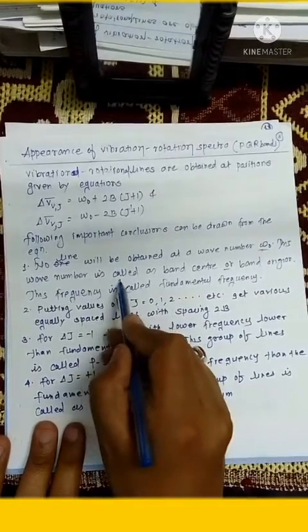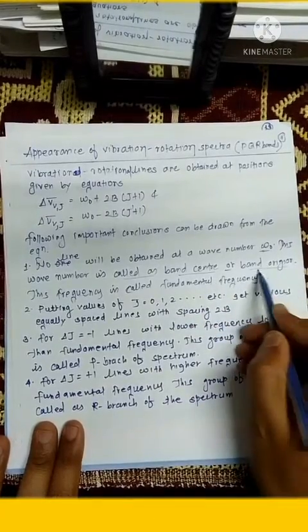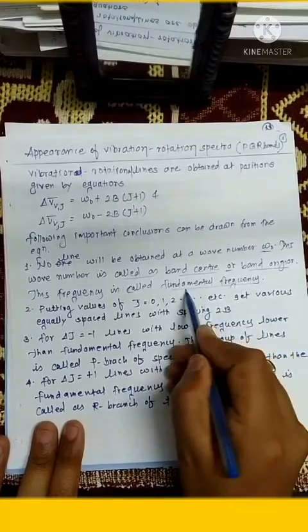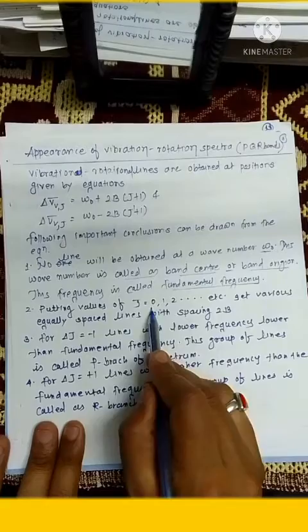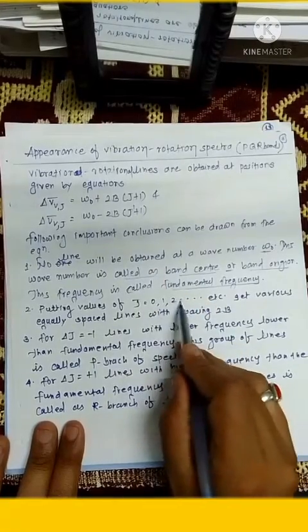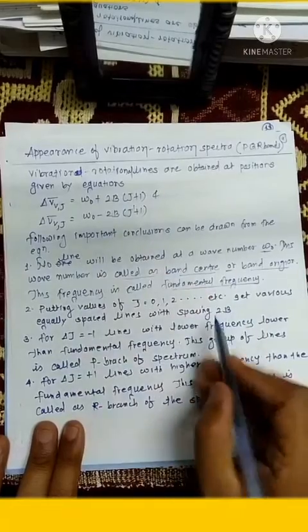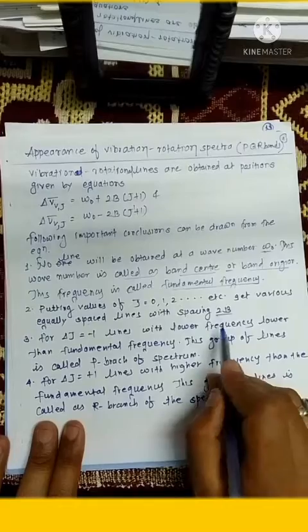This wave number is called band center or band origin. This frequency is also called the fundamental frequency. Putting the value of j is equal to 0, 1, 2, etc., we get various equally spaced lines with a spacing of twice b.